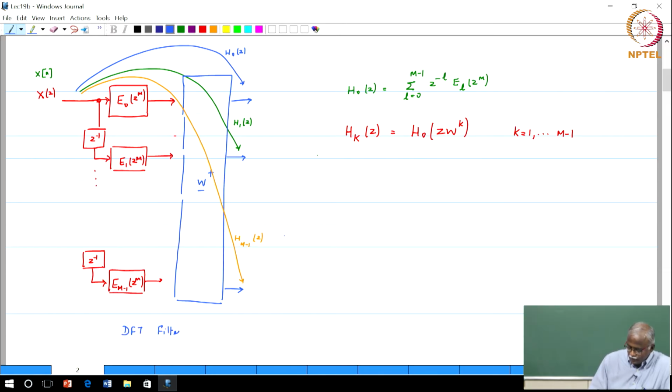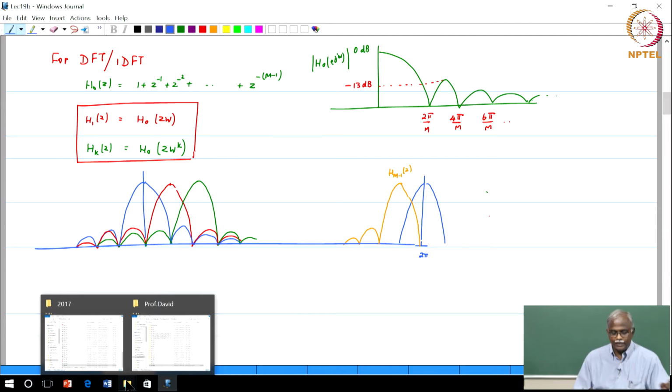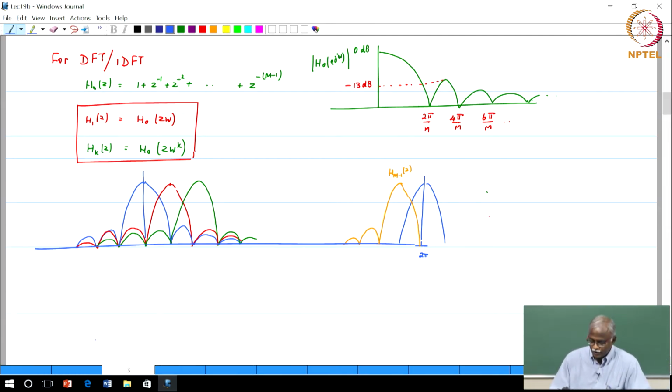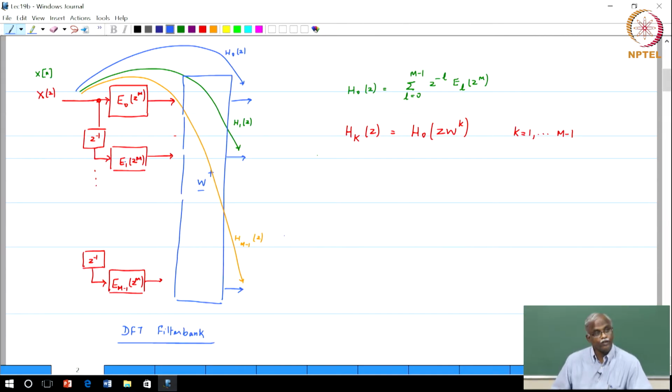We come back to this particular concept several times, but right now in this specific discussion, we are interested in the concept in the context of spectral analysis, and therefore we said that if we set each of these polyphase components to be equal to 1, then we actually get a filter bank where the underlying filter is a rectangular window.